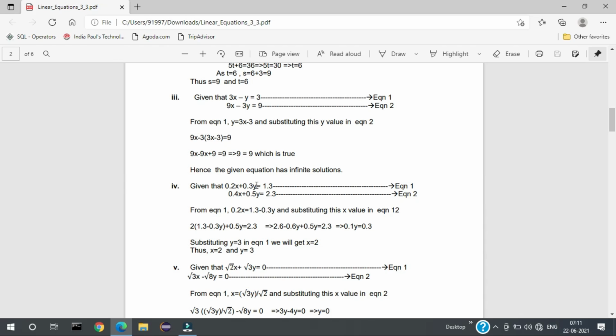So 0.2x equals 1.3 minus 0.9. So 1.3 minus 0.9, how much you will get? 0.4. So x equals 0.4 by 0.2. So we will get x equals 2 and y equals 3.